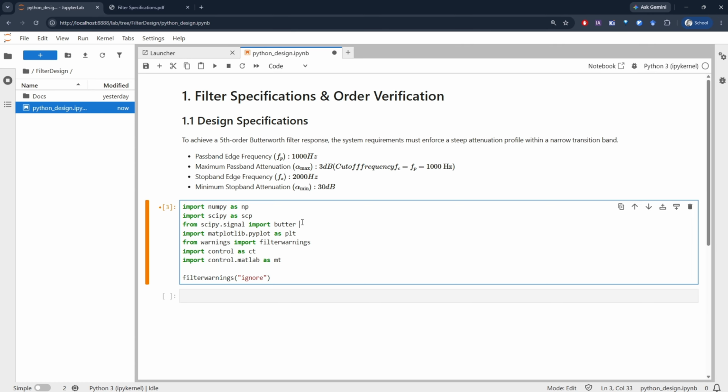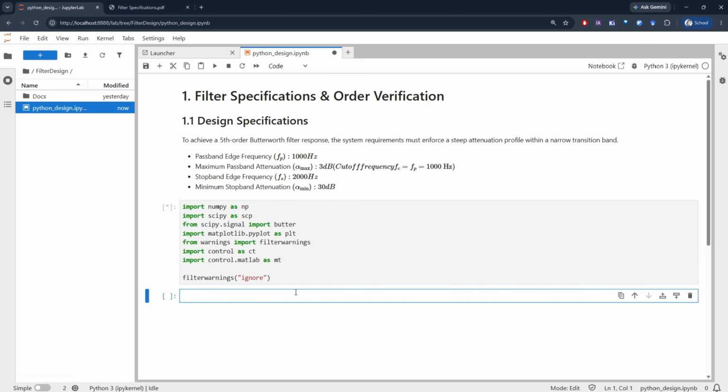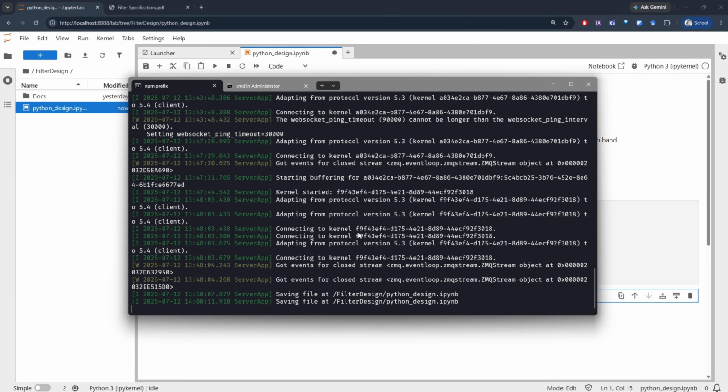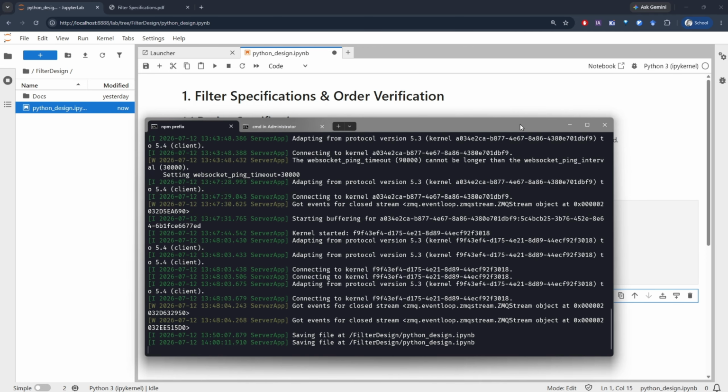So let me just have this first. Let me check. Signal dot. Give it some time because it's running. Something is not happening.